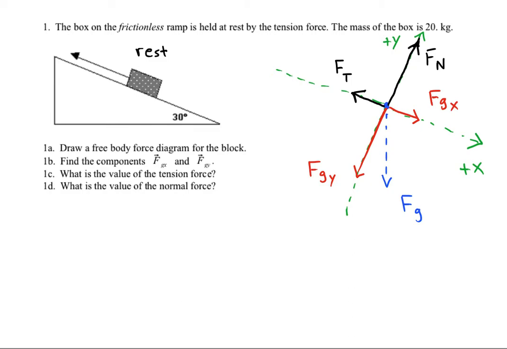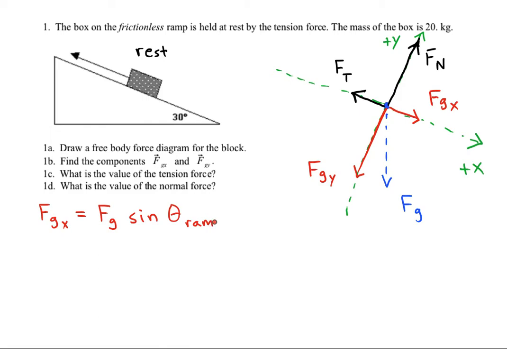Now let's find the components Fgx and Fgy using their formulas. The formula for Fgx is going to be Fg sine of the theta of the ramp.